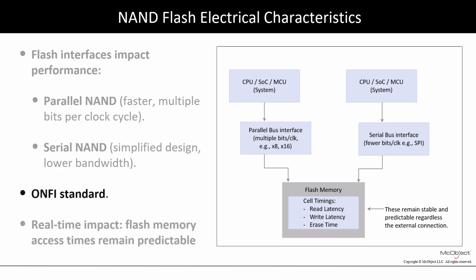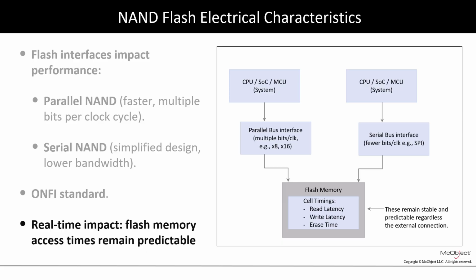The ONFI standard helps standardize these interfaces, which simplifies hardware and software development through standardized chip identification and data exchange protocols, providing additional services such as internal data copying without CPU intervention, and even physical specifications, including package dimensions and pin layouts.